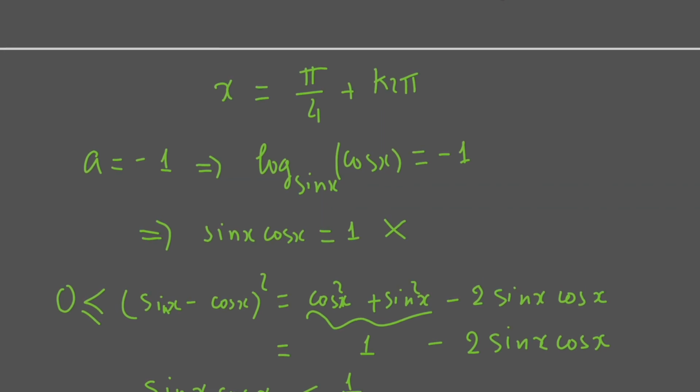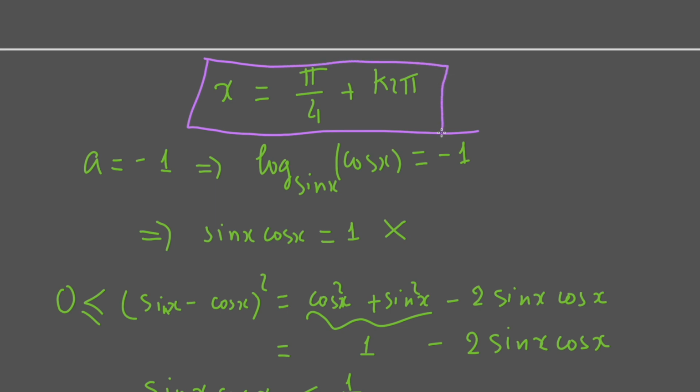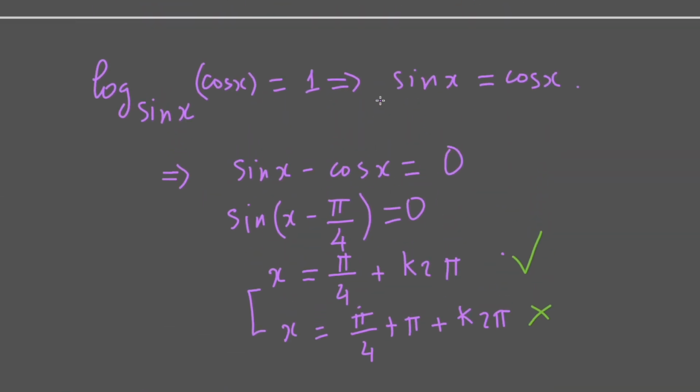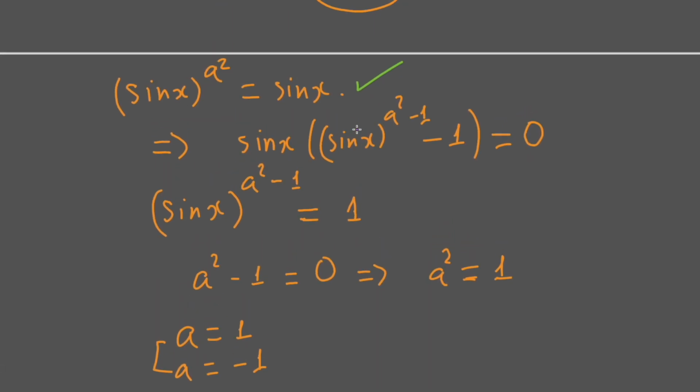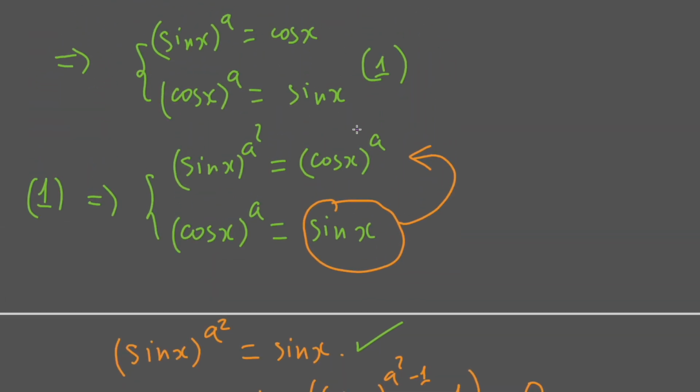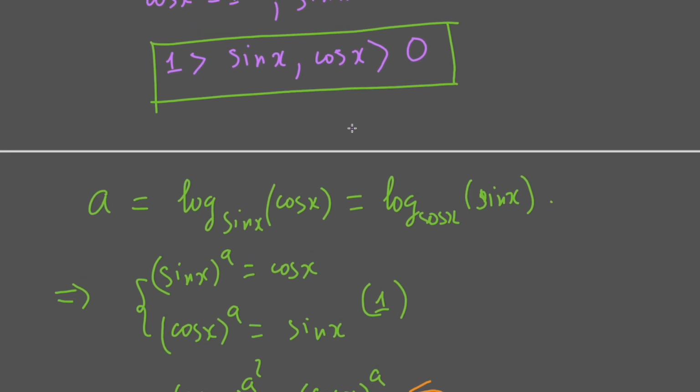So the final result of the equation is x equal to pi over 4 plus k2pi, with k a member of the integers. So the lesson of the problem today is that putting the condition on the variable is very important.